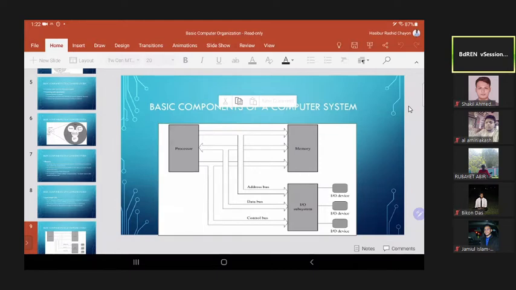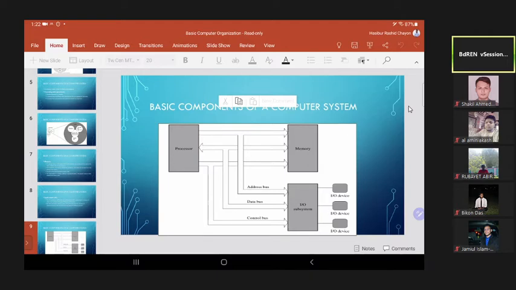If your address bus is 16-bit, then the maximum memory is 2 to the power 16, correct? So that means it is 64 kilo. If it is 32-bit, then it will be 4 giga. And if you have a 64-bit address bus, then you have 1.8 terabit of memory. So that is the relationship.